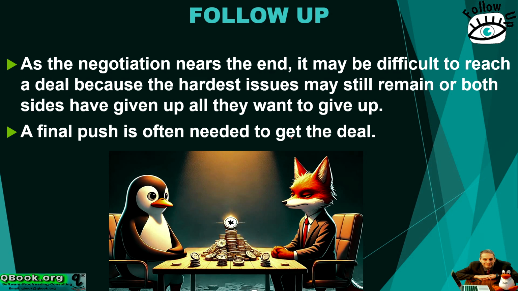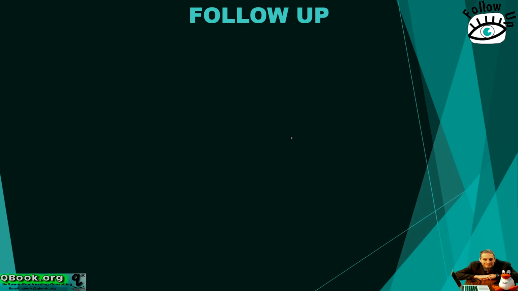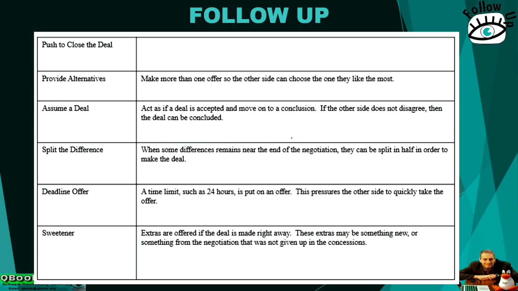You made a lot of progress. The final push is not easy. So, how do we get through the final push to reach an agreement? What tactics can we use in the final push?